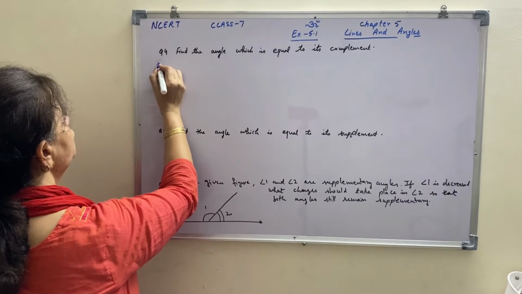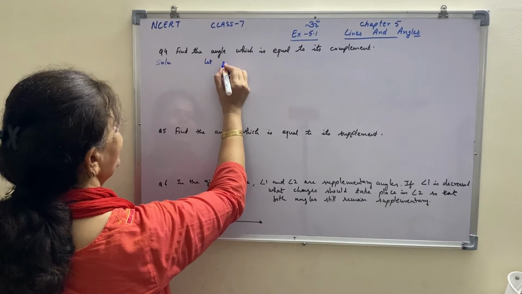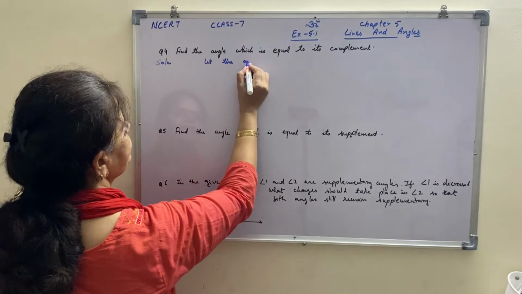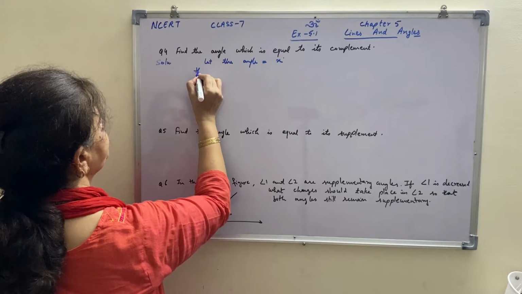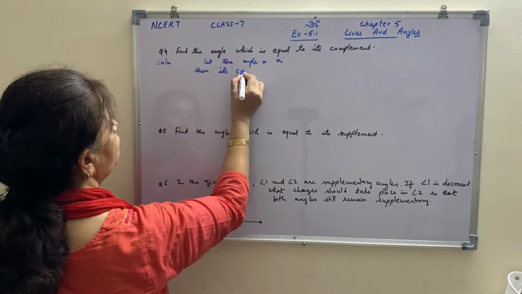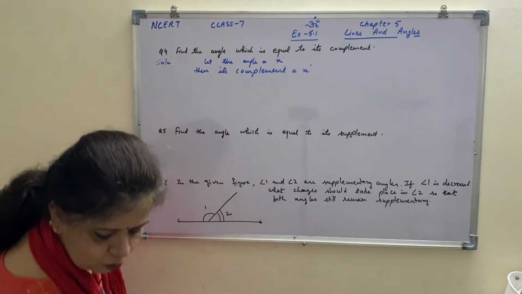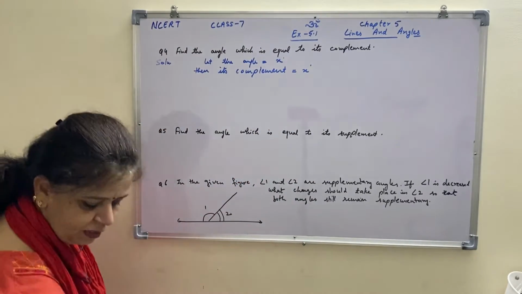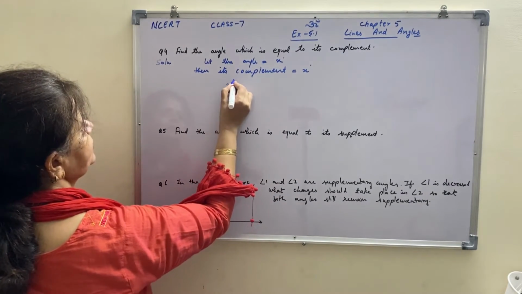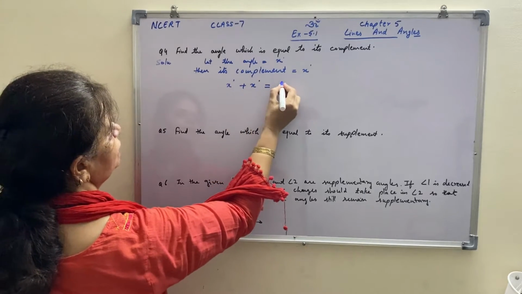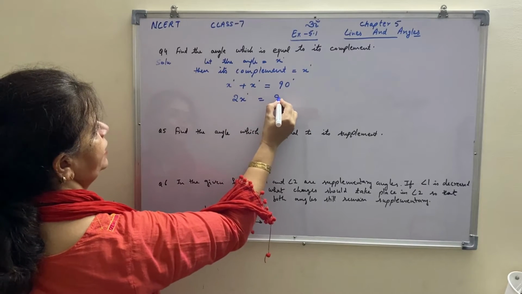So what will we do? Let the angle be x. Then its complement is also x, because they are the same. Then the equation becomes x plus x, because they are complementary, equals 90 degrees, or 2x equals 90 degrees.